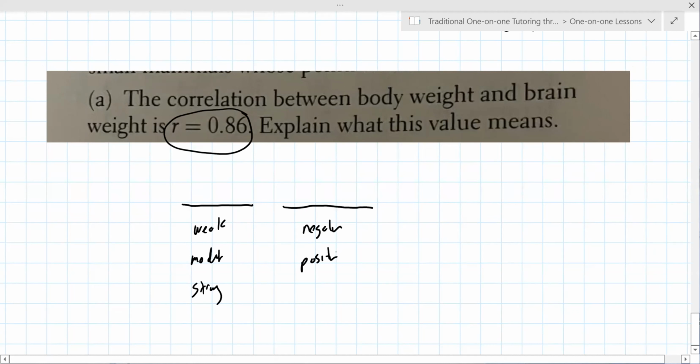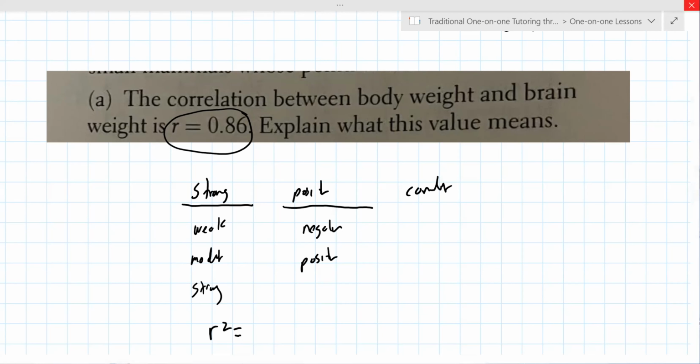So there's a strong correlation and it's positive. You would just combine them: strong, positive correlation.